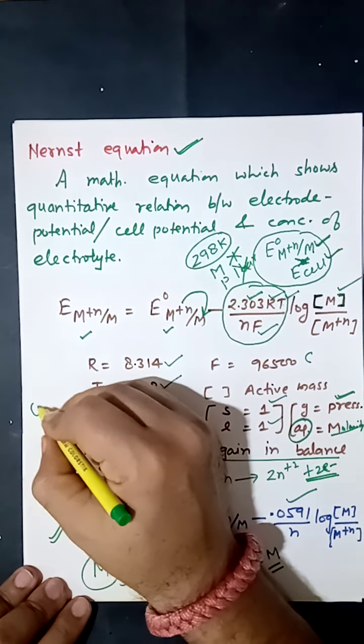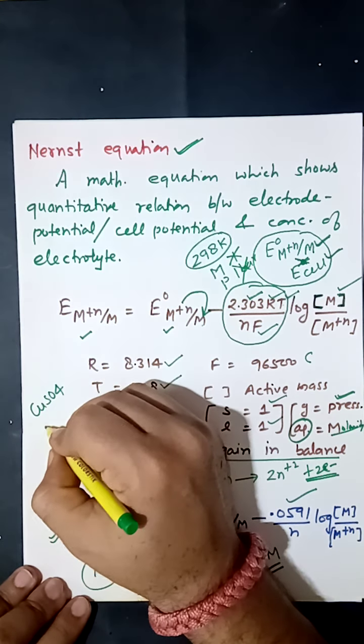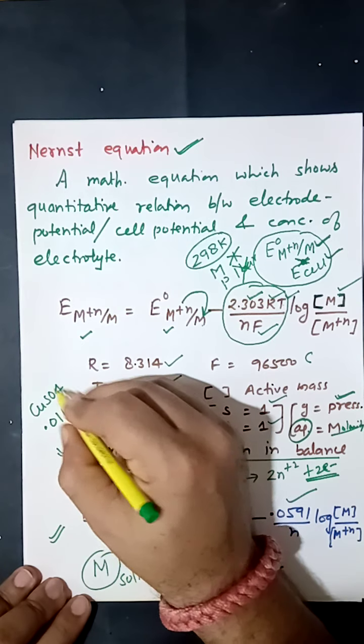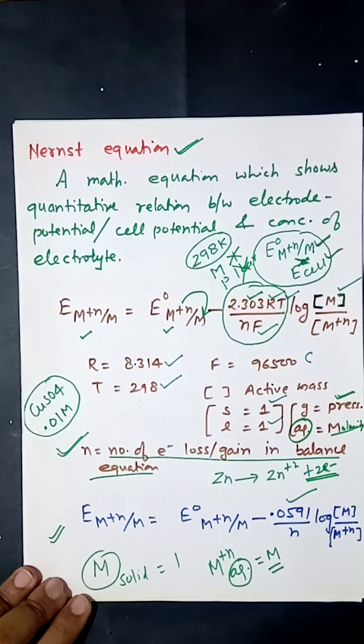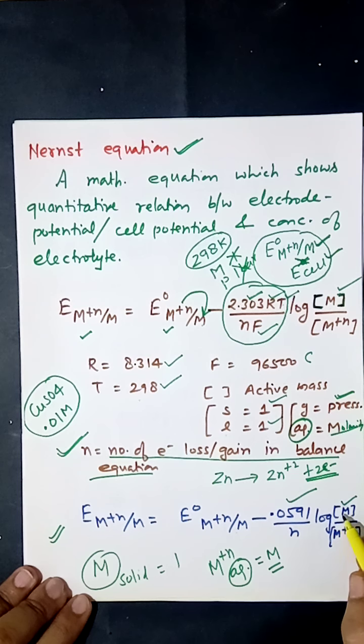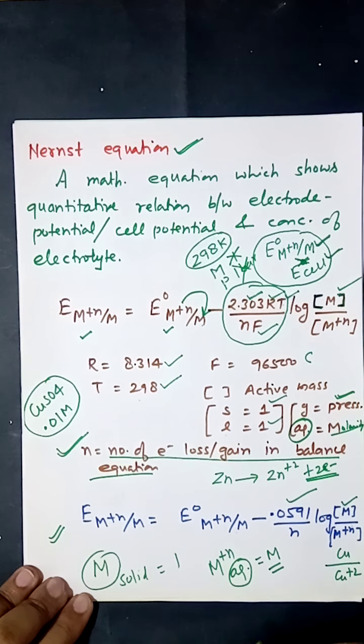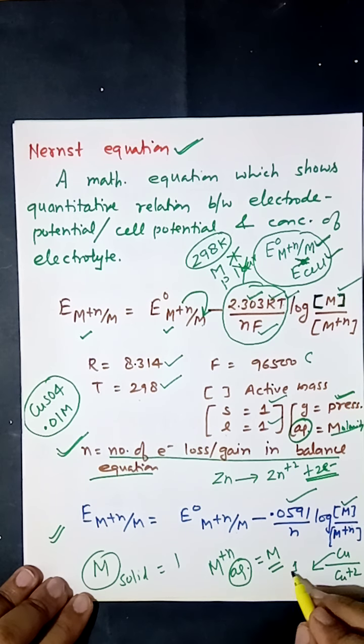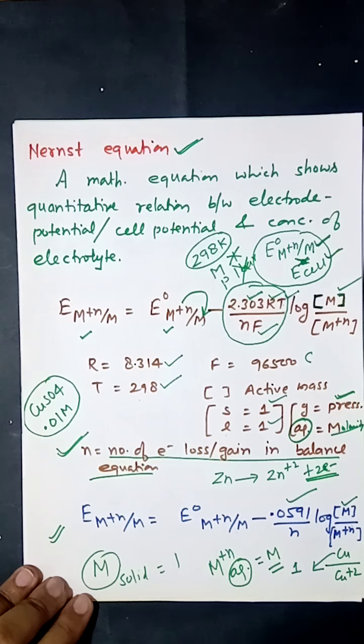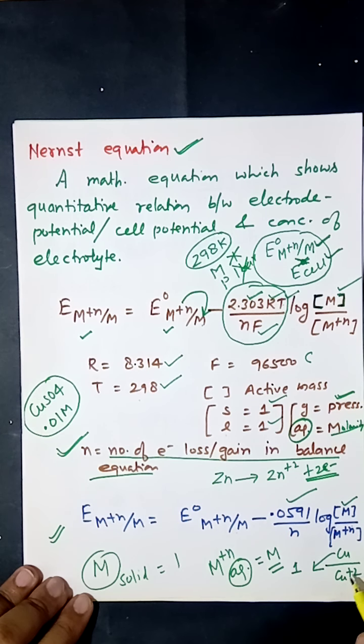For example, you are given CuSO4 and its concentration is given as 0.01 M. This is the question given. So in place of M, you will write copper, divided by, in place of metal ion, you will write copper plus 2. The active mass of copper will definitely be 1 as its physical state is solid, and then the active mass of copper plus 2.